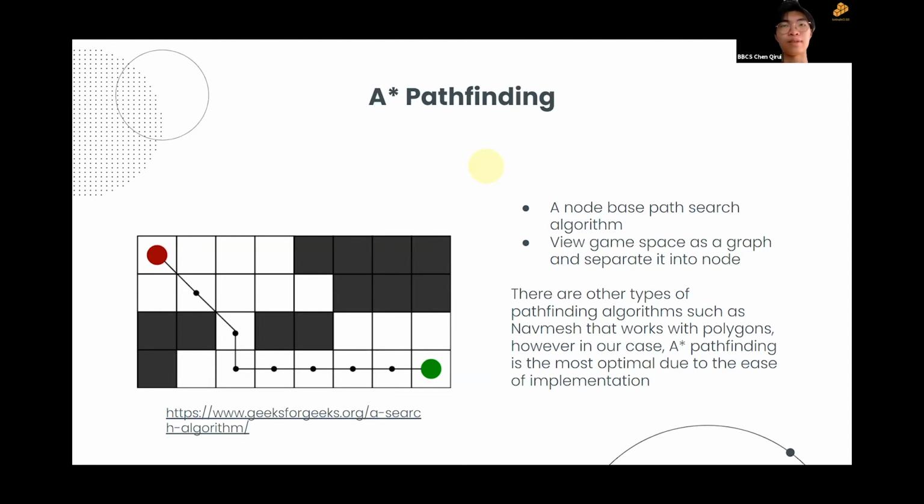Quite complicated, but navmesh maps out the entire layer of polygons and stores it in memory, so it allows the different objects inside to traverse the path. But for our case, A-star pathfinding is the easiest to implement, and it's also quite fast to run.